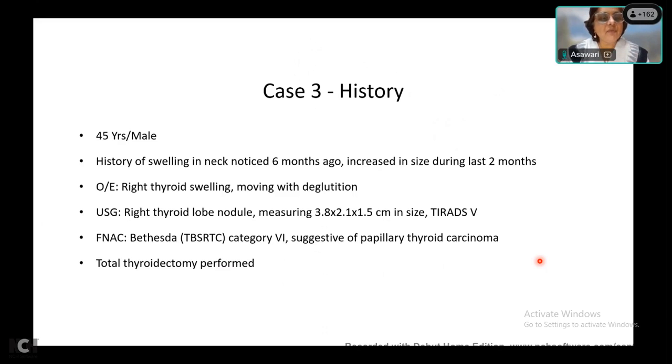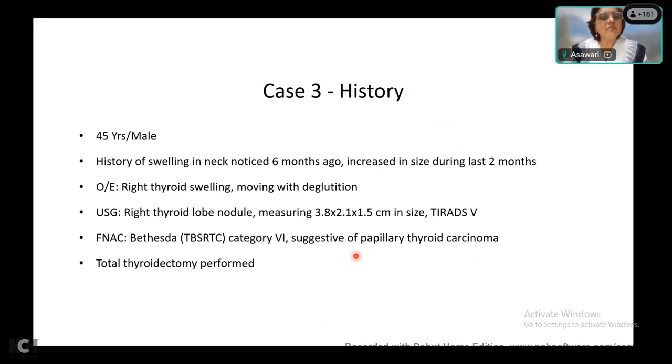If not, should we go for the third case? Okay, there are two questions that have come up now. I'll answer them on the chat, but we can go on to the next case.